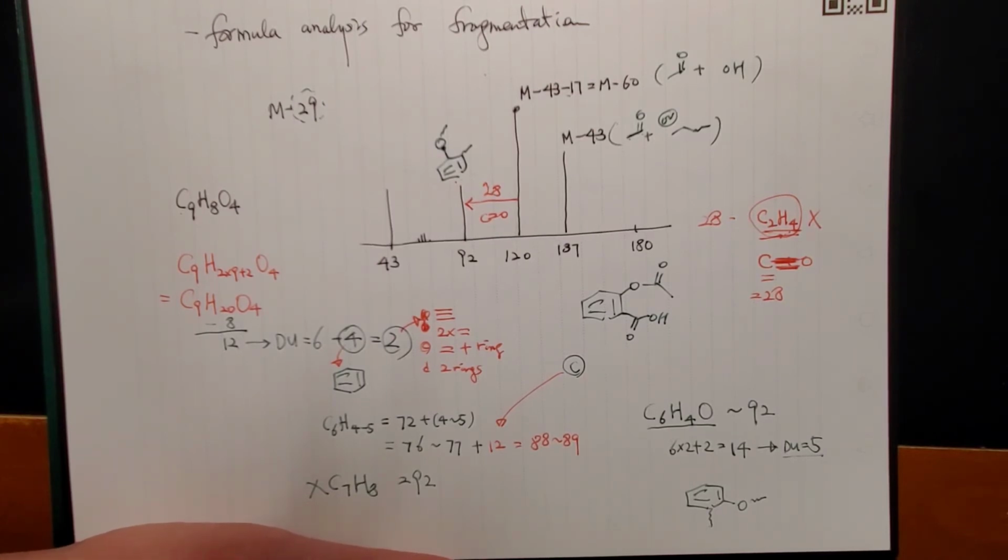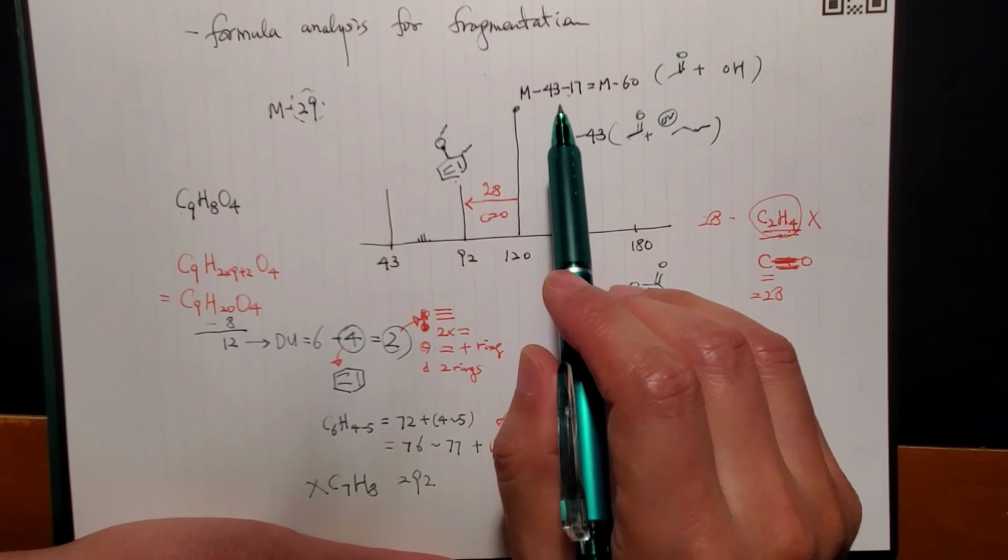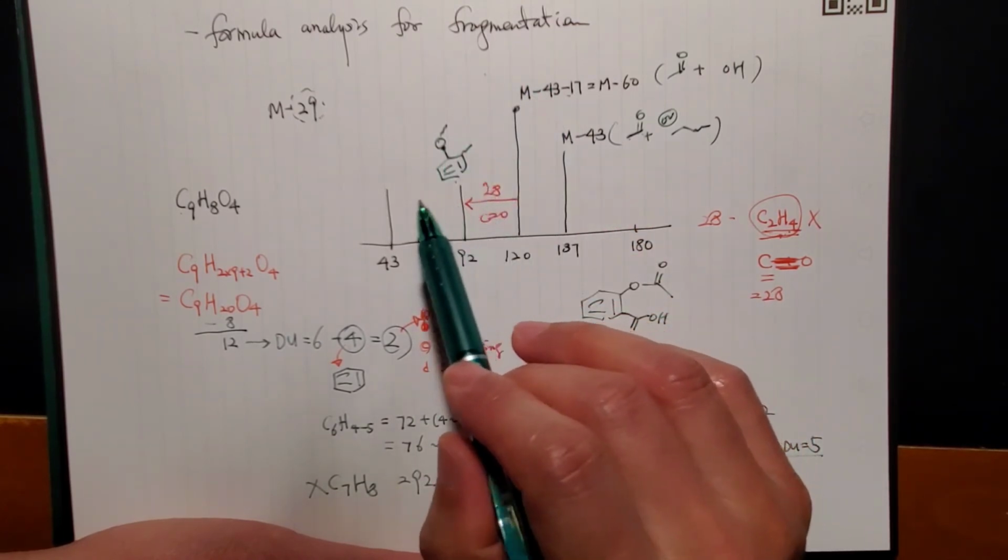So we still are in the beginning of reading mass spec, but I'm just trying to make a point. You know, the formula analysis is very important in learning the idea of the structures of fragments.